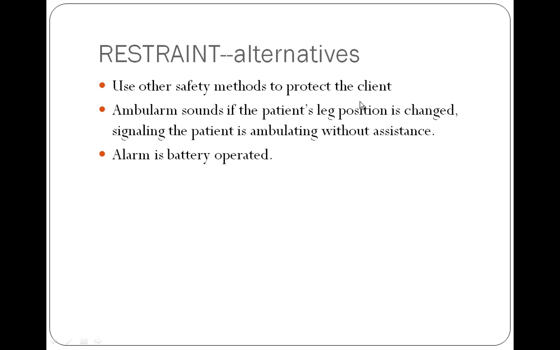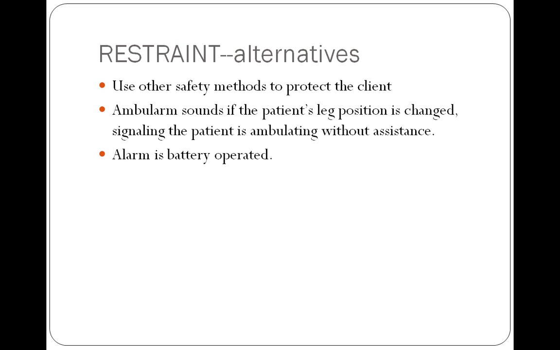Again, alternatives to restraints are any other safety methods that can protect the patient. Prominent in many nursing homes is the use of bed alarms, sometimes called ambularms. These are battery-operated devices that may be a flat pillow-type device that's underneath the patient so that it makes a sound if the patient's weight is redistributed, therefore alerting the staff that the patient may be getting out of bed.